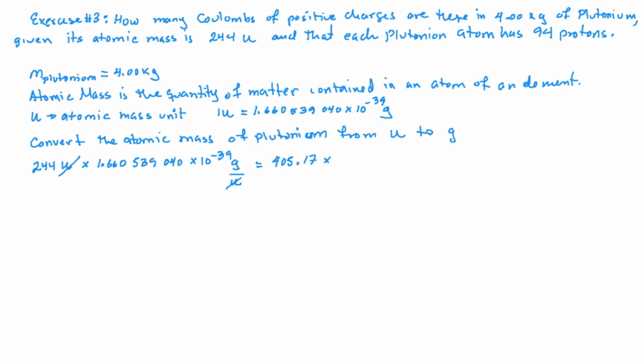Sorry, I just made a mistake here, and I just gave you the wrong value in the conversion. Wait, let me fix something here. This is to the power of negative 24. I don't know where I got the 39 from. So this is to the power of negative 24, right? So we get 405.17 times 10 to the power of negative 24 grams.